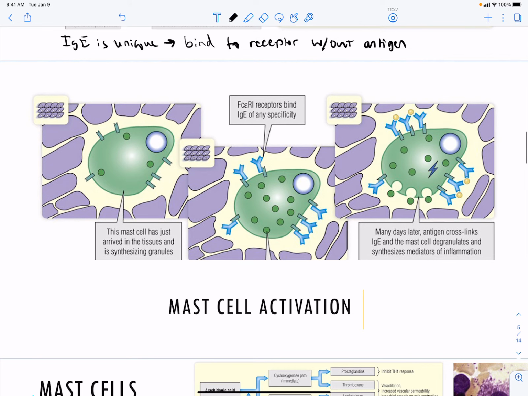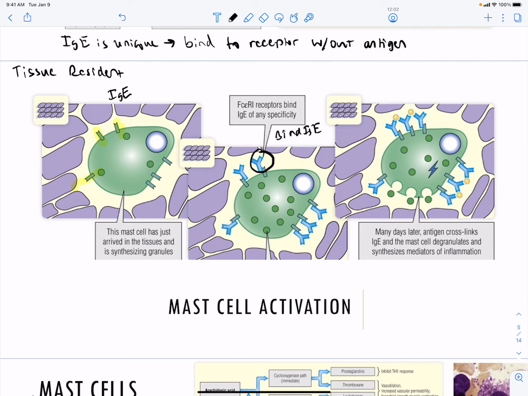Okay, so let's talk about mast cells. So again, mast cells are unique. They are going to be similar to a macrophage in that they are tissue resident. They are going to have on their surface IgE receptors, and these IgE receptors are going to bind IgE.